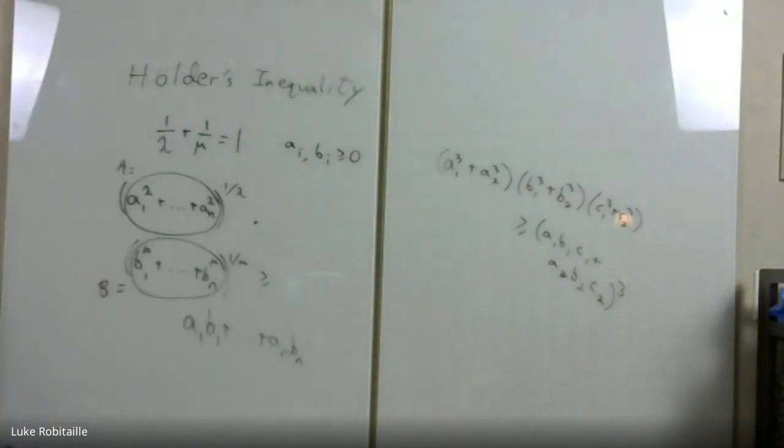And Holder's inequality can be useful in some situations where you have a product of a bunch of things that are sums, or if you have the sum of some product, it can be useful in some various problems.